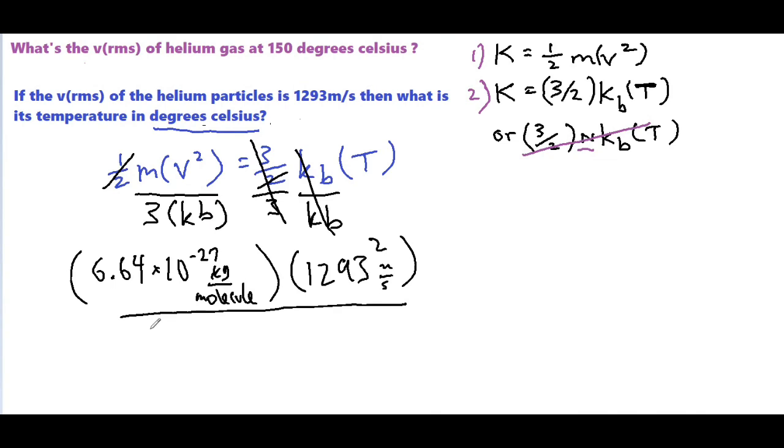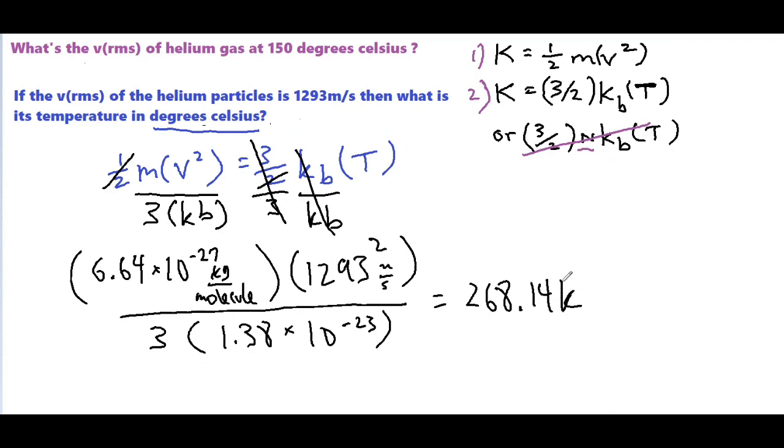And then on the bottom, we have 3 as our coefficient in front of Boltzmann's constant, which is 1.38 times 10 to the negative 23rd. Okay, so I'm going to plug that into my calculator, and then I end up getting 268.14 Kelvin.